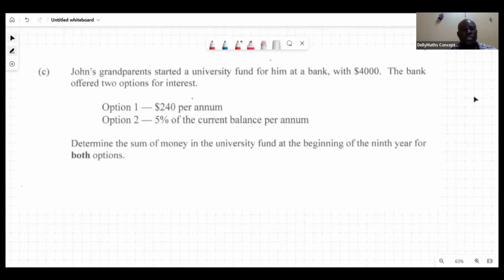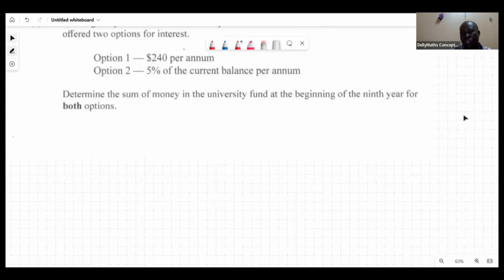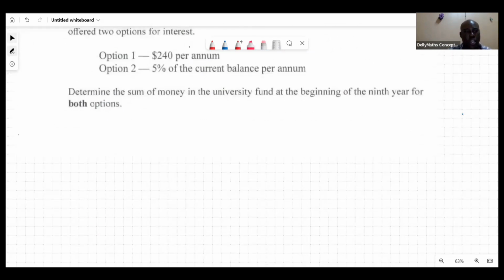Option 1 is you're getting $240 per annum being added, and option 2, 5% of the current balance per annum. Determine the sum of money in the university fund at the beginning of the 9th year.